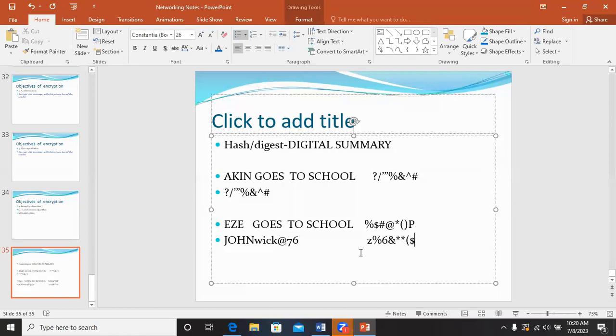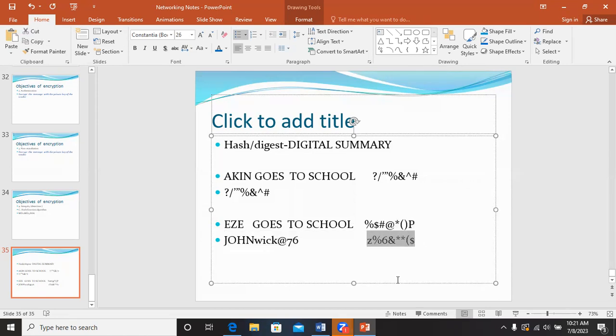So you can see, even though this Akin Goes to School, the digest has eight characters. Easy Goes to School, the digest has 8 characters. John Wick at 76, even though it's smaller, it is the same length. All of them will have the same length, basically. So John Wick at 76 is stored in the password file as this.